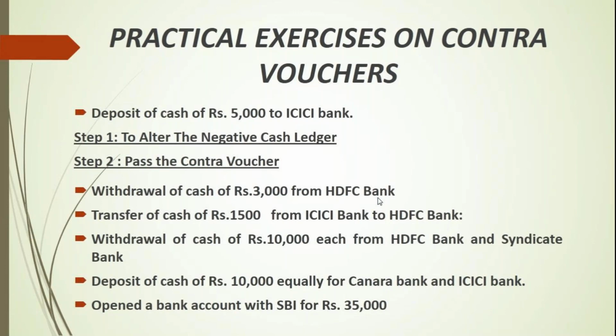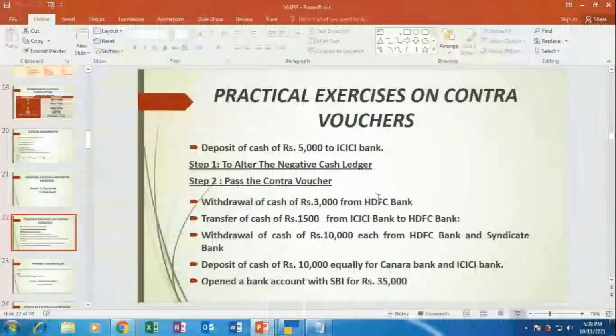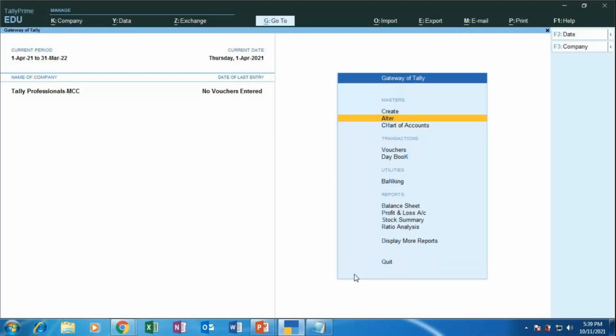Now in Tally software, how do we check the bank balance? What steps can be taken? Very interesting part. I hope all of you have logged into your Tally software, and I'll take you through how to check the bank balance. We have the Go To option.